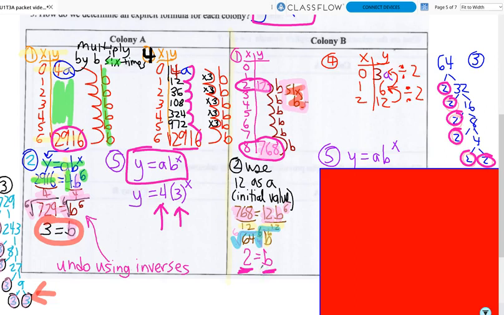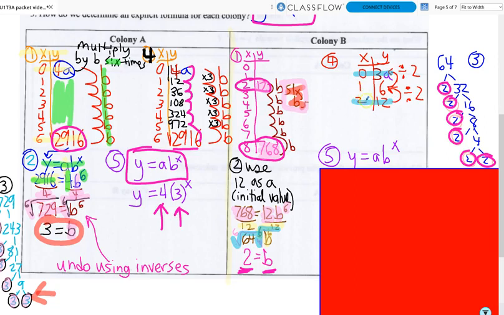Now, our colony B is different because I did not have what the y value is when x is 0. I don't know what the y value is for 0, but rather than going forward, meaning multiplying numbers, I'm going to have to use (1, 6) or (2, 12) to go backwards.